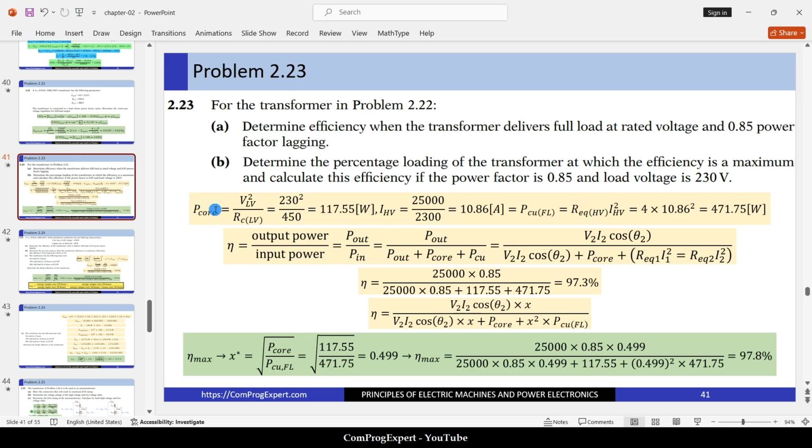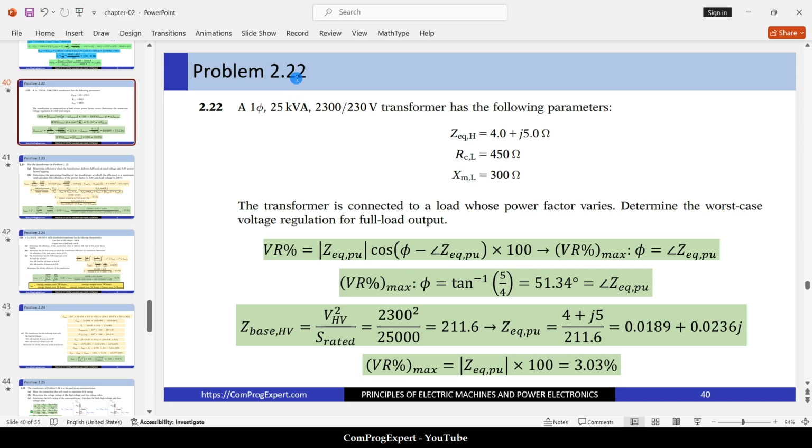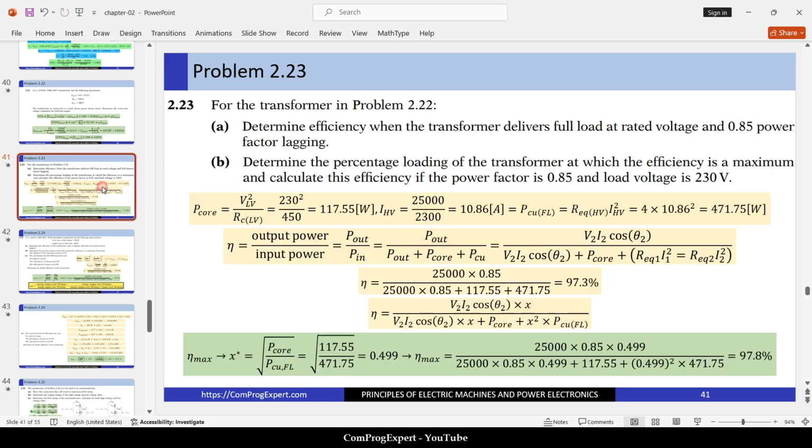The value of the core loss, here in problem 22, we have RC for the low voltage side. So here we should calculate the core loss for the low voltage side.